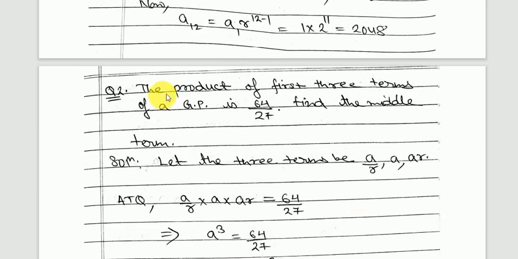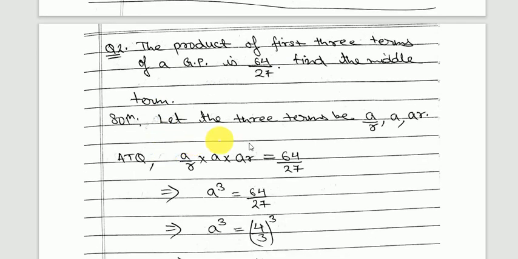Question number 2. The product of first three terms of a GP is 64 upon 27. Find the middle term. So we will take three terms in GP. Let the three terms in GP be A upon R, A, A into R, where R is the common ratio.